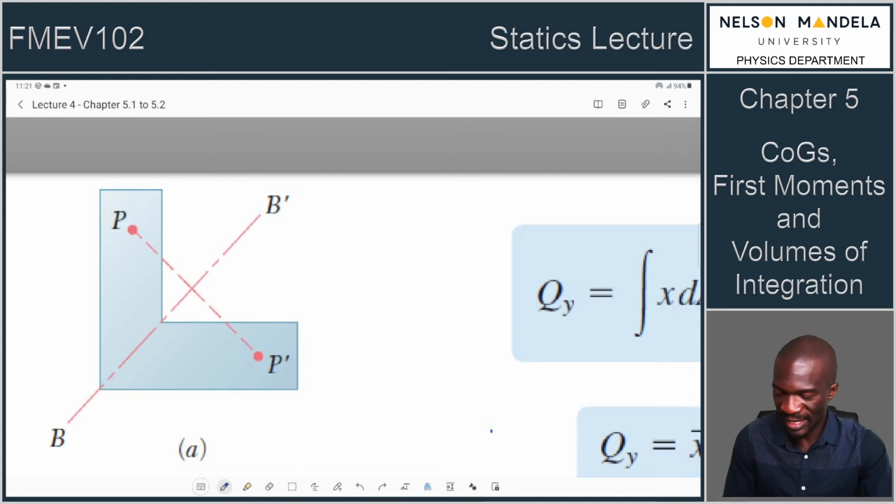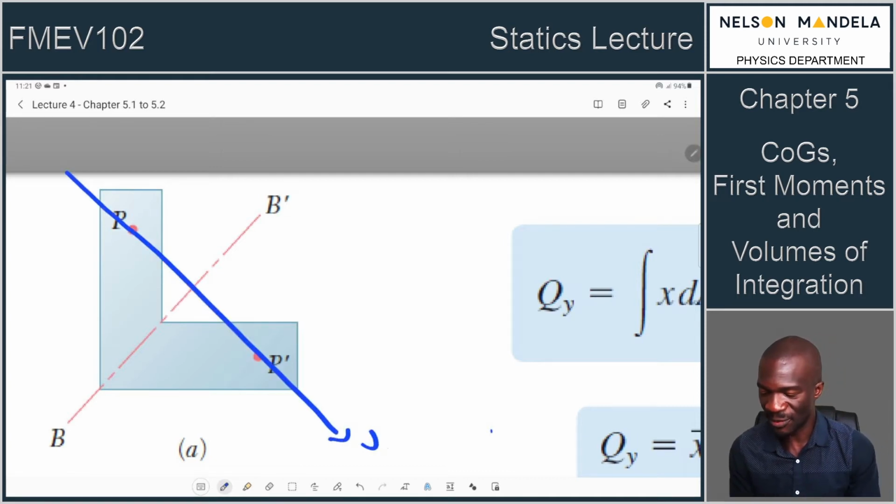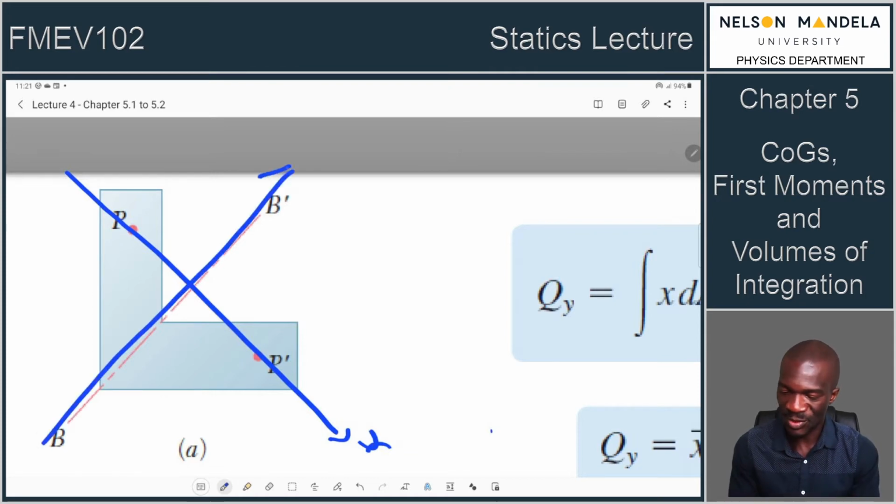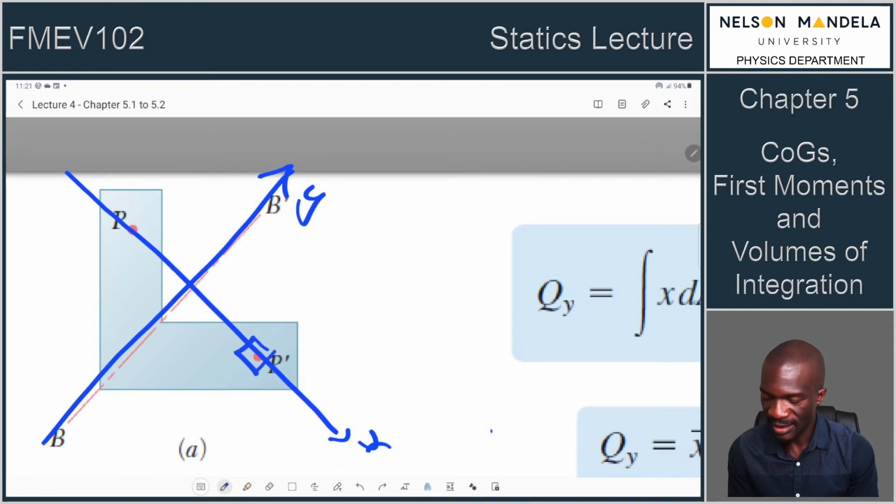So if you were to define this P prime as, for example, your x-axis, your moments about the y-axis, which is the BB prime axis, sorry, it's y. The moments about the y-axis would consist of some area, remember we're looking at the first moments, multiplied by its what?